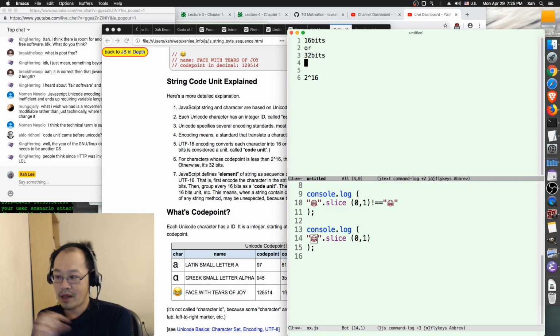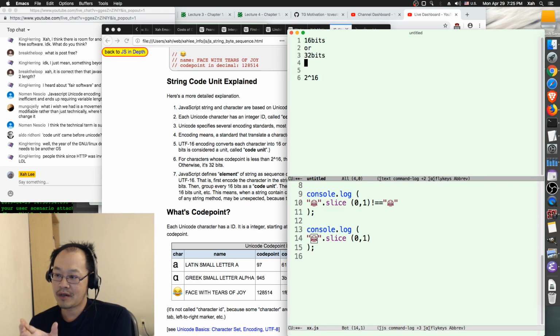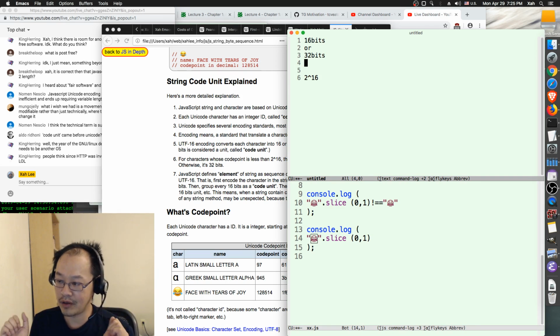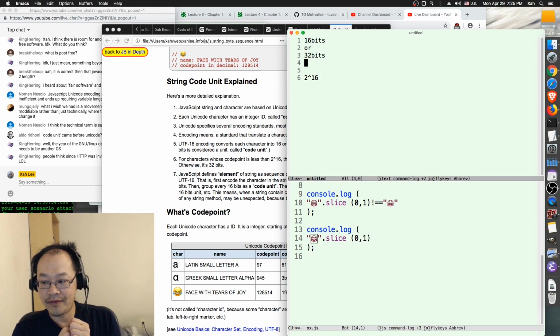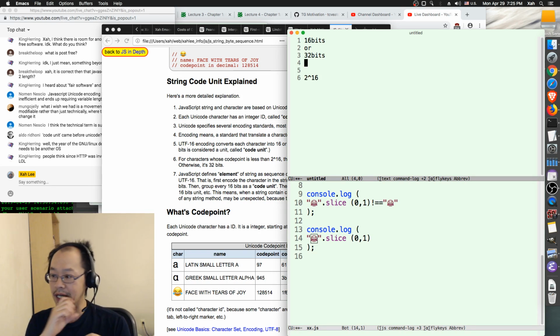So you end up with a sequence of ones and zeros. Then every 16 bits you consider as one unit called a code unit. The first index of a string will be the first 16 bits, index 2 will mean the second 16 bits, and so on.